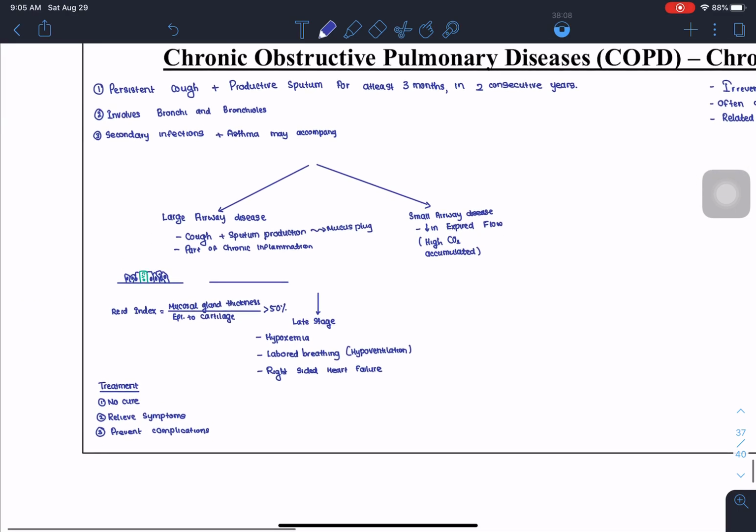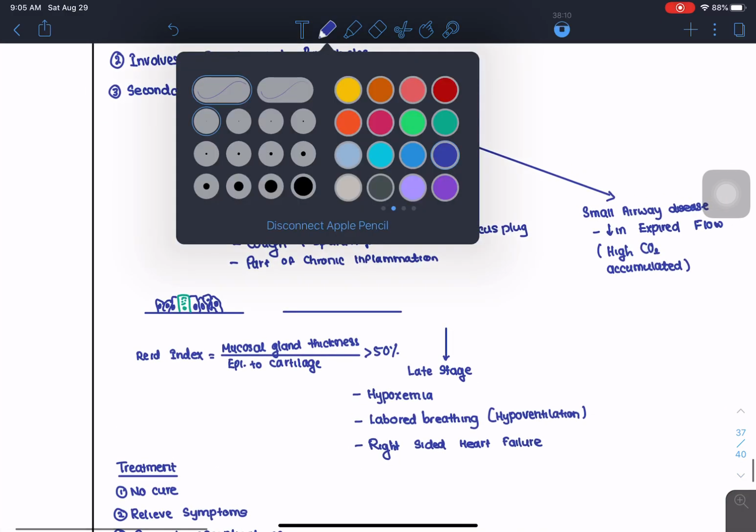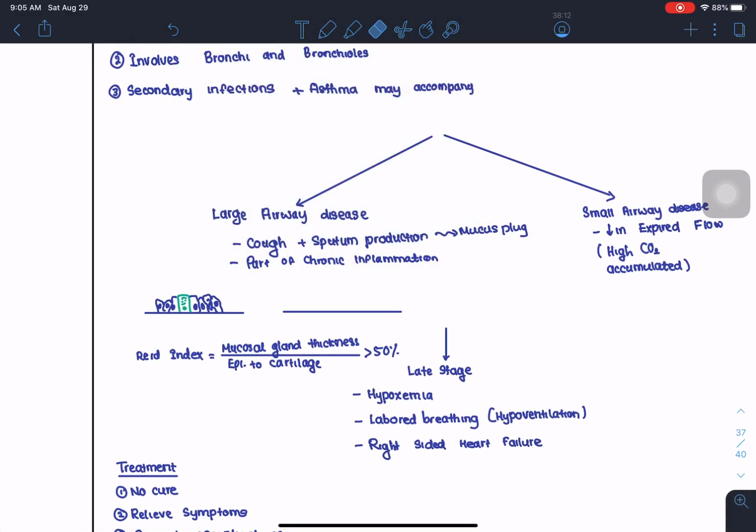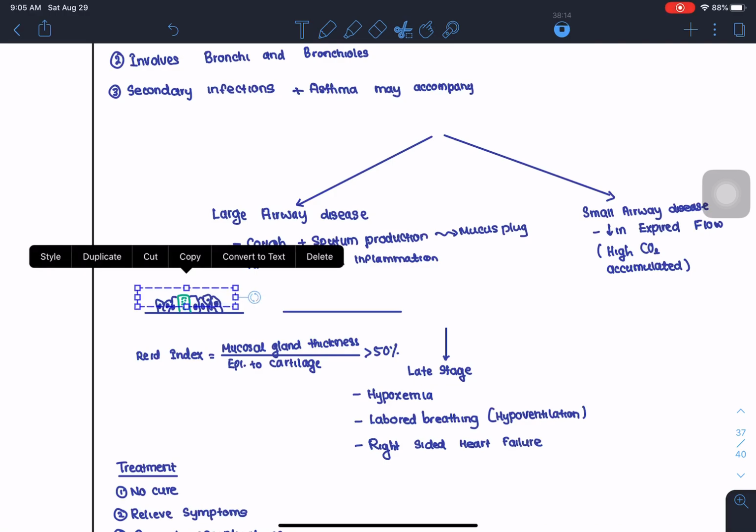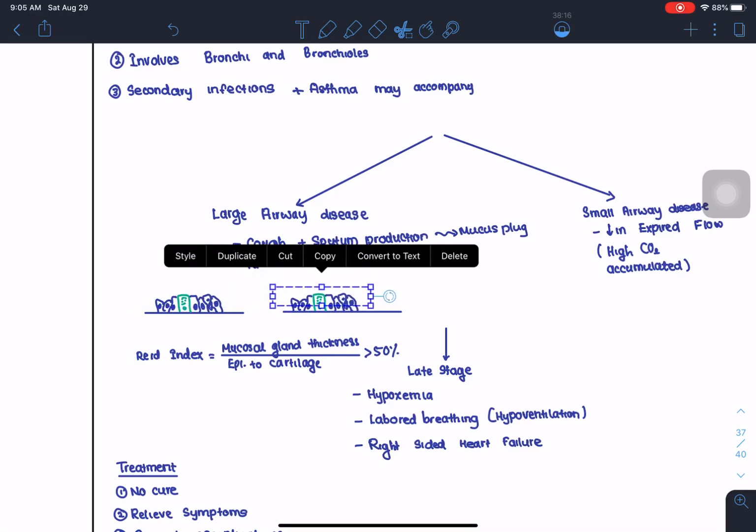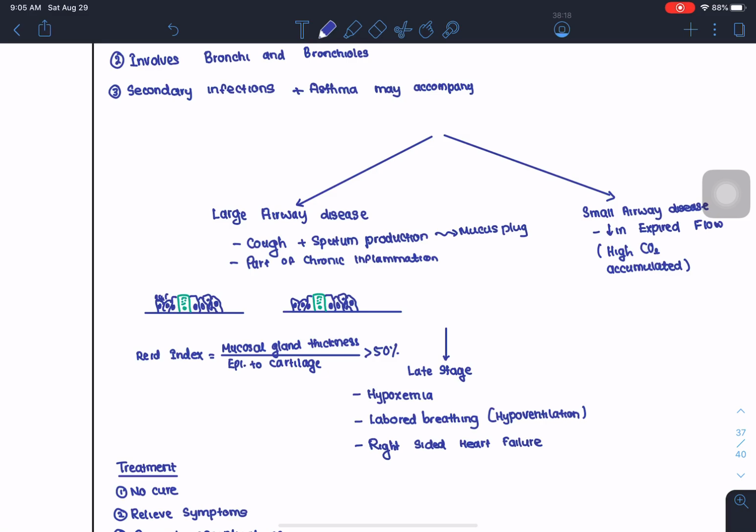What happens in this is, okay, this is the normal structure of the bronchi minus the cilia. So what happens is this normal structure is going to be replaced by more mucus producing cells.